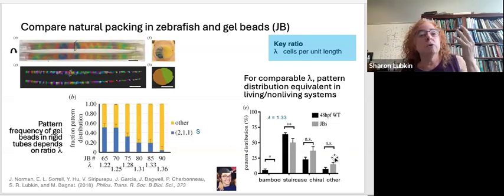And it was more or less an equivalent distribution. There's a couple of patterns which were apparently significantly different, but the gel bead system and the notochord system have mechanical differences. The gel bead sheath is quite rigid, and the sheath of the notochord we don't think is quite rigid. So we had to also look at other examples, and I will get to that in a minute.